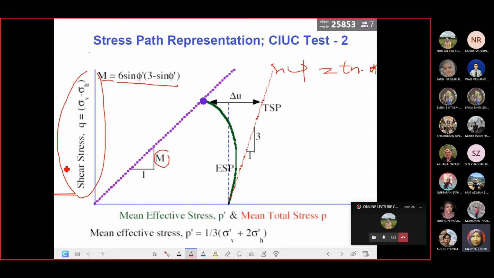But if you are given a question to solve in the Q and P coordinates, in order to find the slope of the KF and the failure line of the stress path, you have to use this formula.